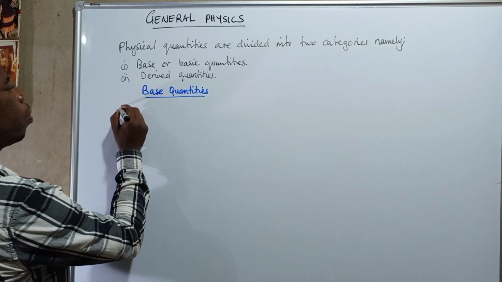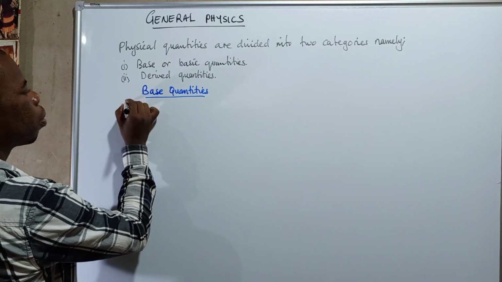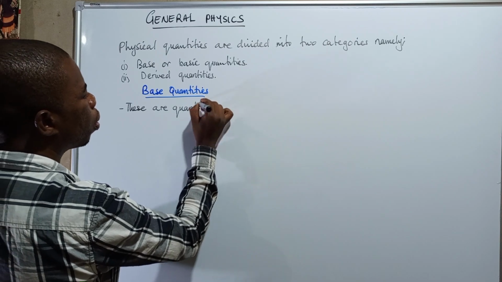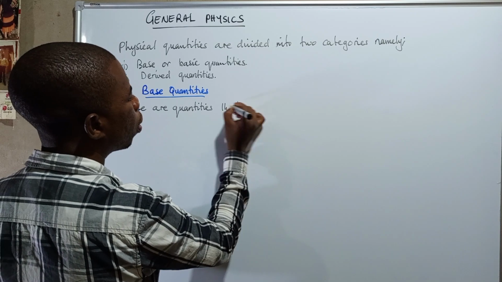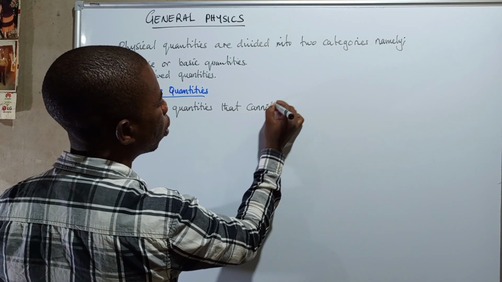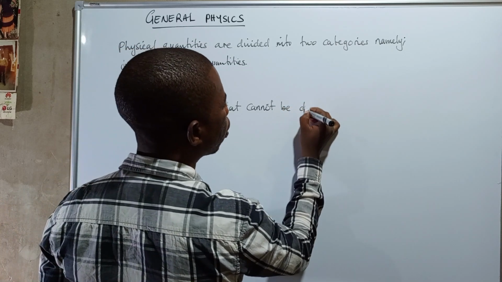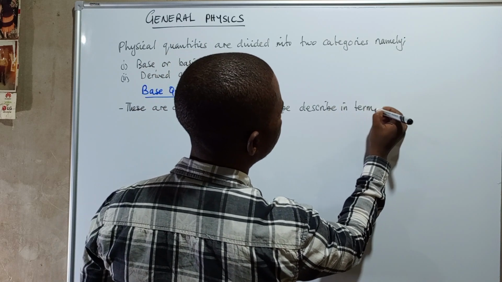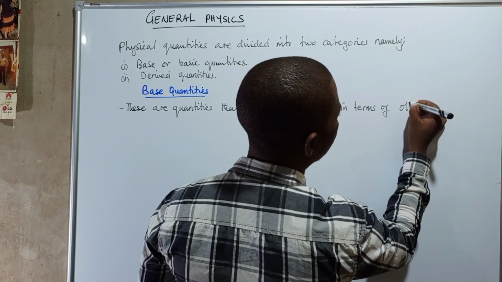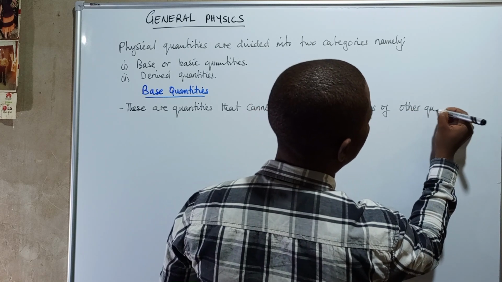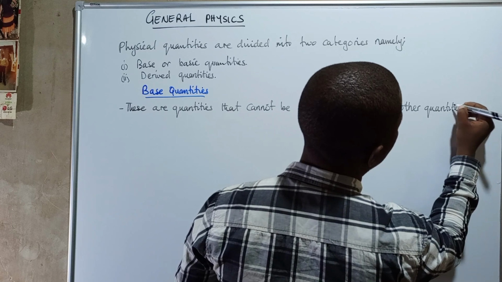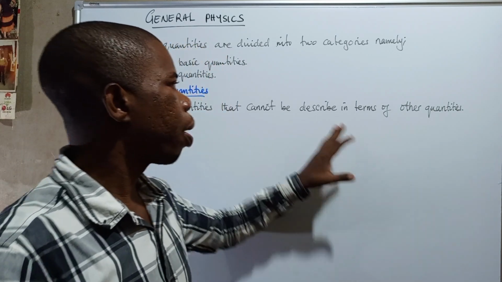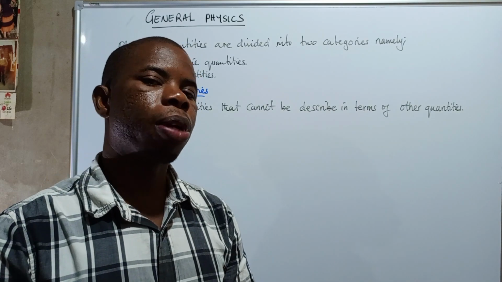So that's what base quantities are. Whenever we are describing these, we are not able to describe them in terms of other quantities.